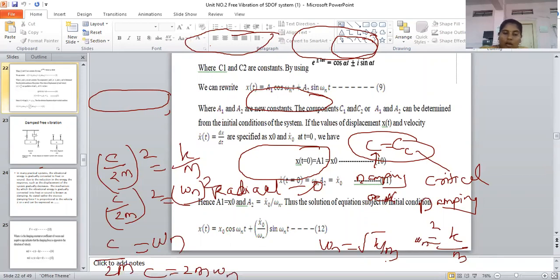And at the radical part being 0, C is equal to Cc is equal to twice m omega n. That is the formula we get when the radical part becomes 0, and at that time C will be equal to Cc. Okay, is it okay to all? Once again, I will tell you so you can understand easily. I will erase all these parts.